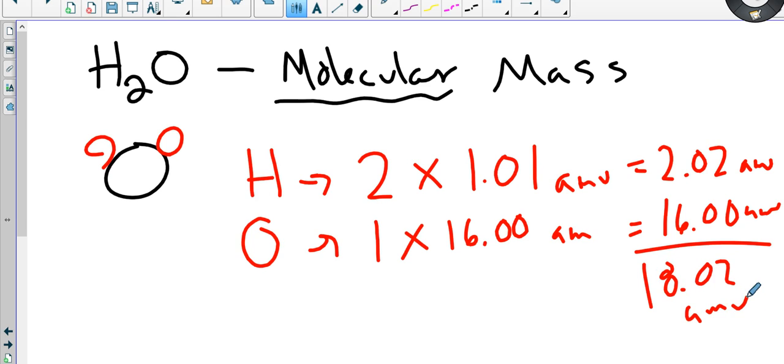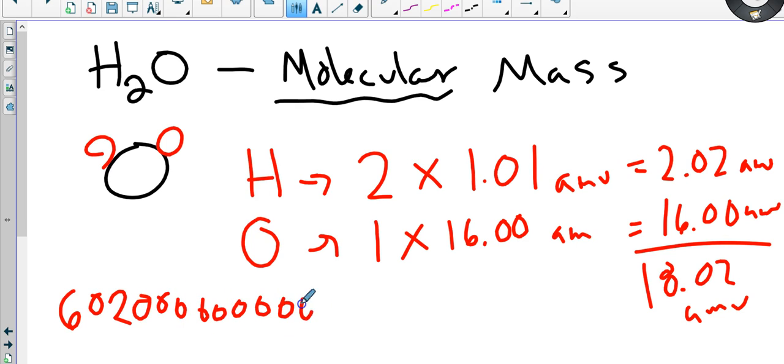Now, y'all did the stations yesterday, and you were tasked with measuring out a mole of water. Were your units AMUs? No, they were grams, because if you have 6.02 times 10 to the 23rd, which is 6.02 and then 21 zeros, if you have this many molecules, then whatever's on the periodic table, you'll be able to write down grams.